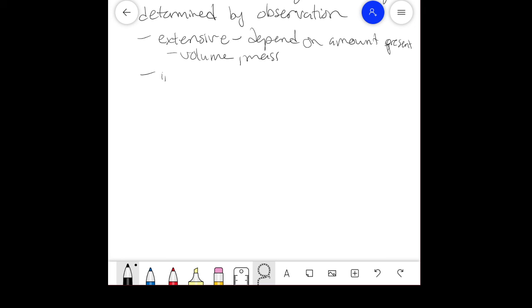And then intensive is the opposite. That's independent of amount. So, color, density, stuff like that.